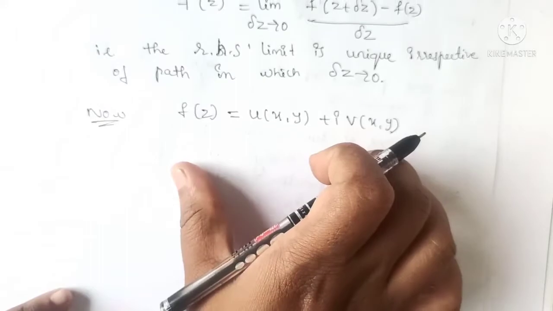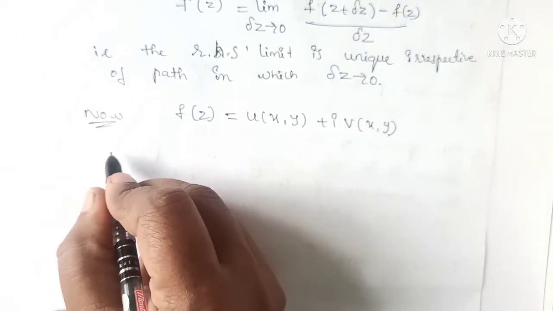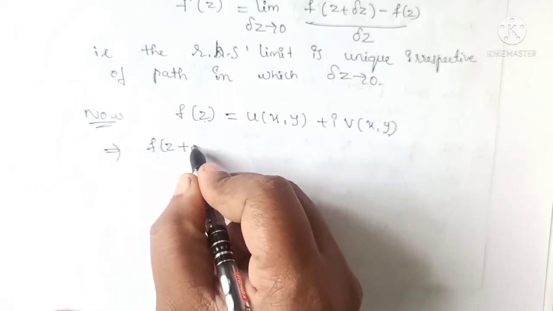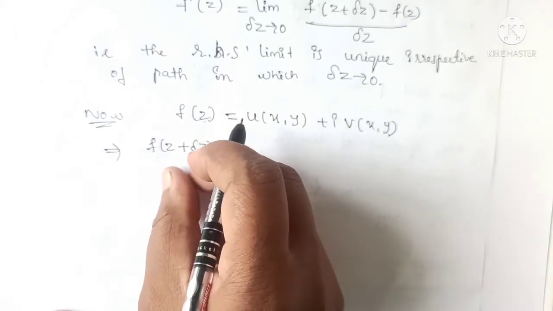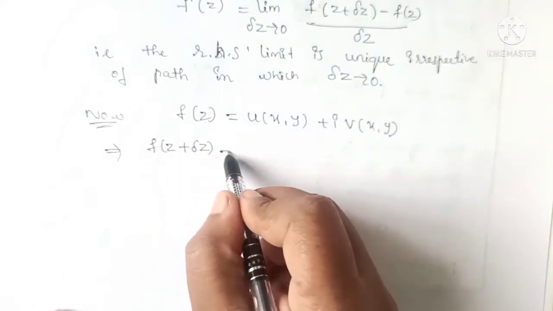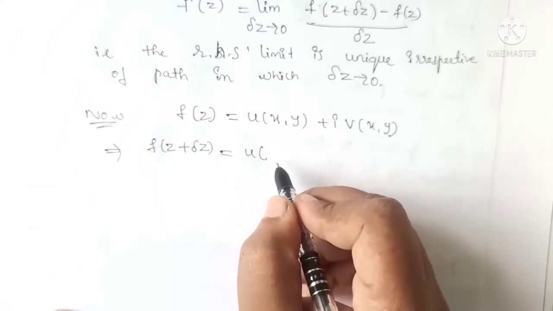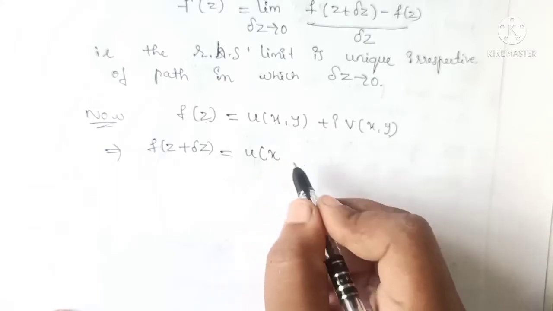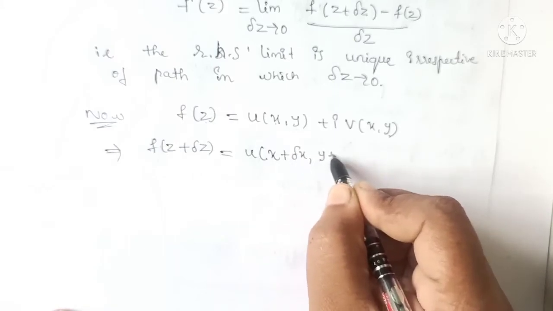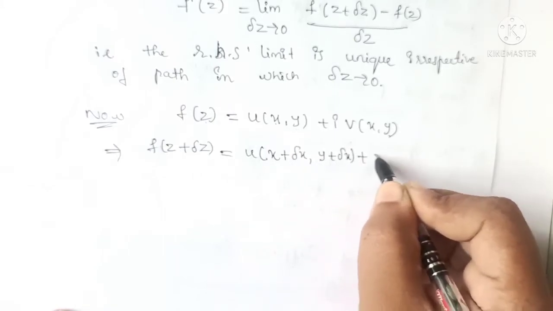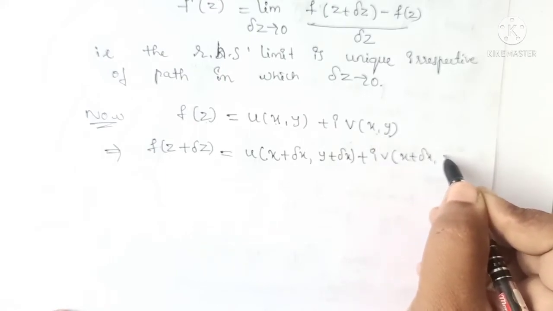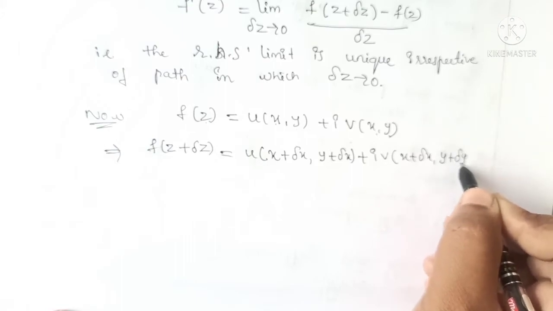Now if I add delta z to z, that is there is a small change in z, then definitely there will be small changes in x and y, that is here we get u of x plus delta x comma y plus delta y, plus iv of again x plus delta x comma y plus delta y.